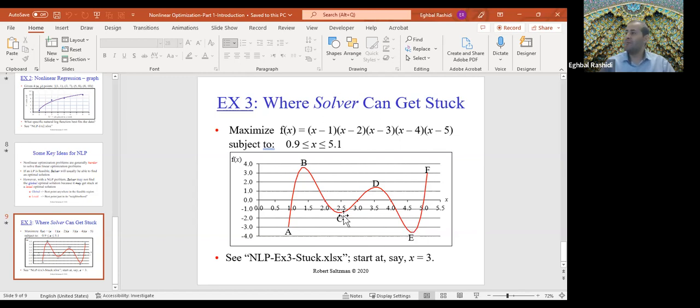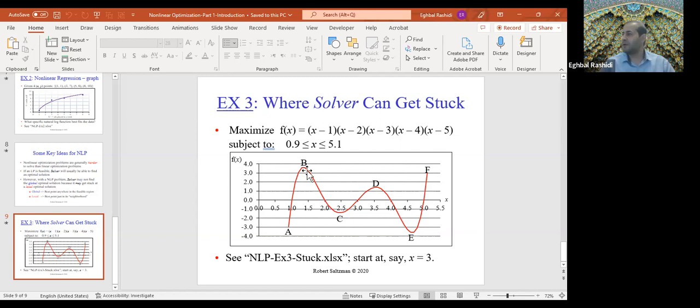This is also a minimum, but it's local, because compared to the values here, these points are actually a minimum, but compared to this, it's not. So this is the global minimum, and this is the local minimum. Same goes for these 2 points. Actually, we can also consider this one, depending on the bracket that you choose. So this is an optimal maximum compared to these values, compared to this bracket.